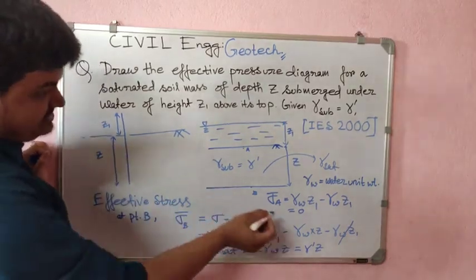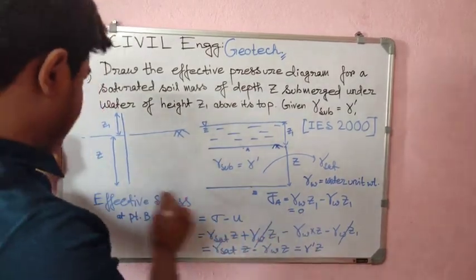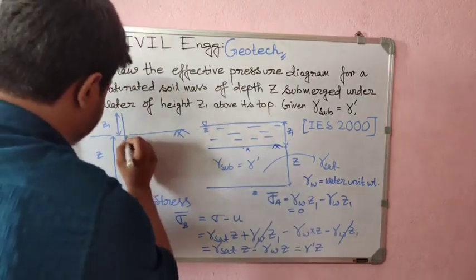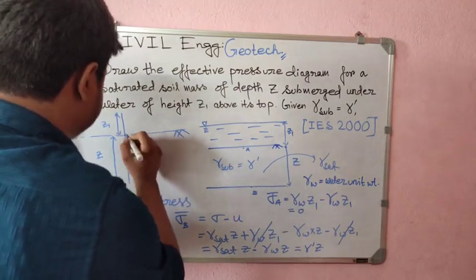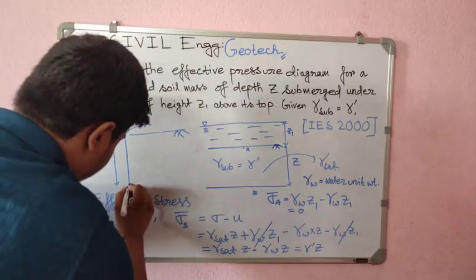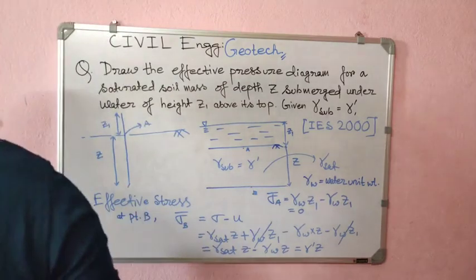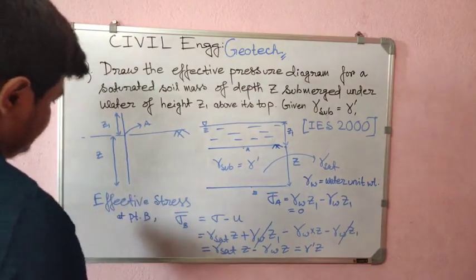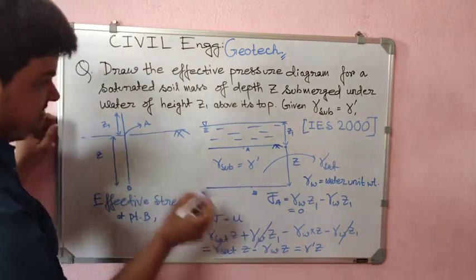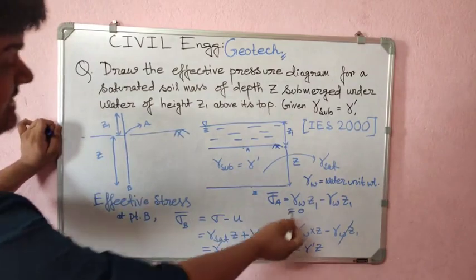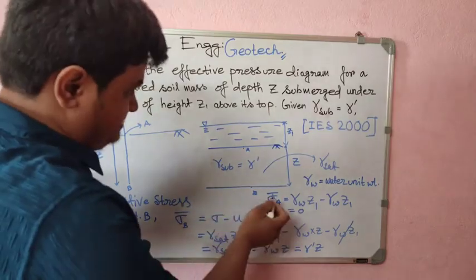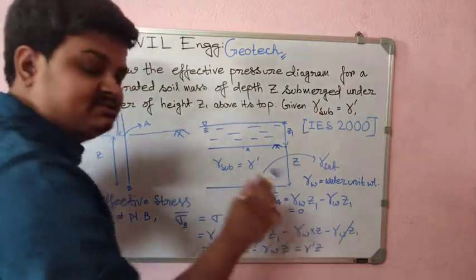At this point it is 0, and here at the point z, just write this point is A and this point is B. So just see, the value at point A, the effective stress, is 0, but at point B the effective stress is gamma dash into z.